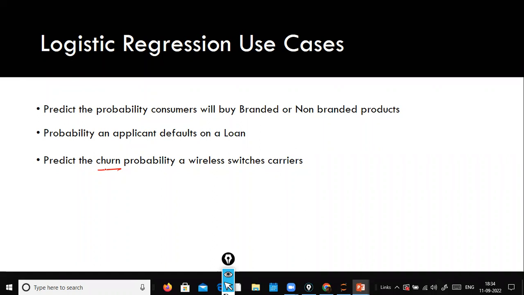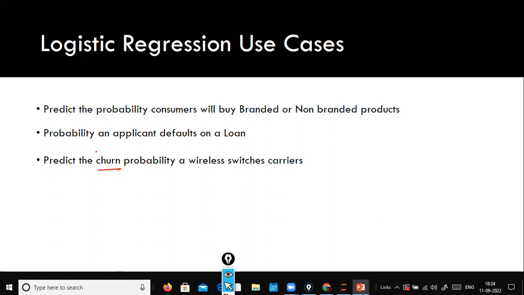But proactively, if you understand the customer's problem well ahead, and if you take swift action, you can retain the customer. How do you know what is in the customer's mindset? That is where we will be using the classification algorithm, whether the customer is going to leave our business or not. So that is churn, to predict the churn probability.